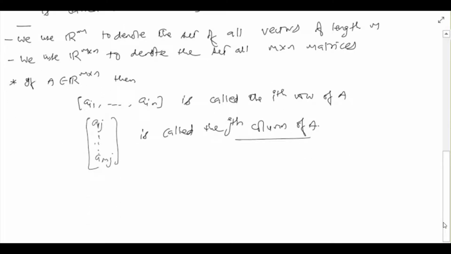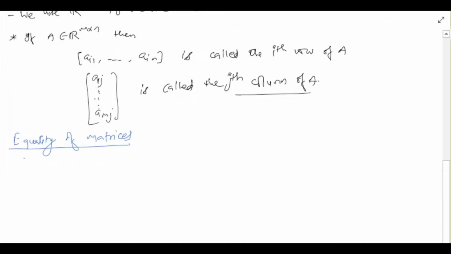Let us now see a few basic operations on matrices. I'll begin with equality of matrices. Two m cross n matrices A and B are called equal if they are equal element wise.